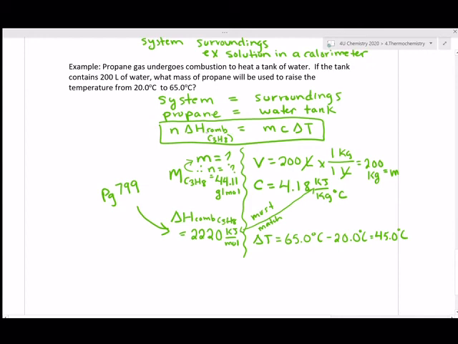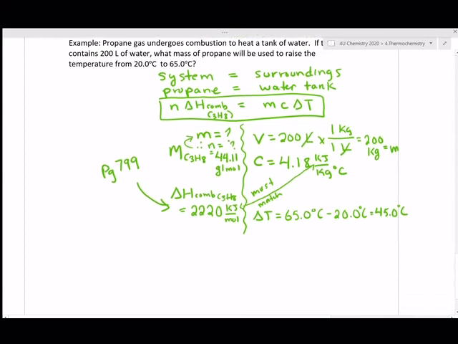We've got the molar enthalpy of combustion, the mass, specific heat capacity, the temperature. If we solve for moles, then we can get to mass. So to rearrange this equation, we're going to have moles. Everything on this side stays the same. We're trying to figure out how do we get rid of that. We're going to have to divide it out of the other side because we're dividing it out of both sides.